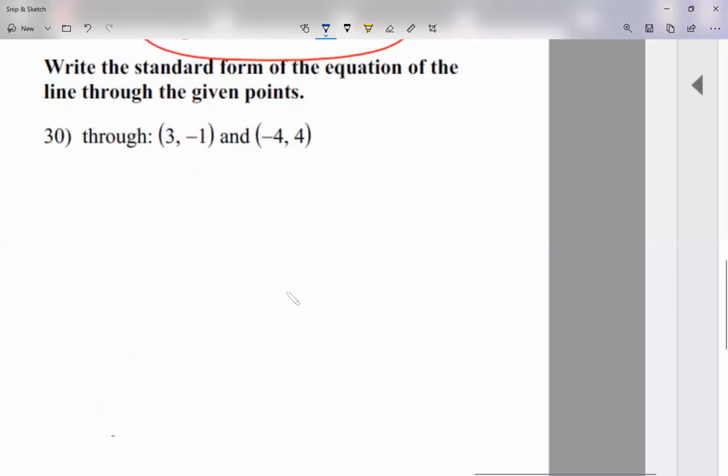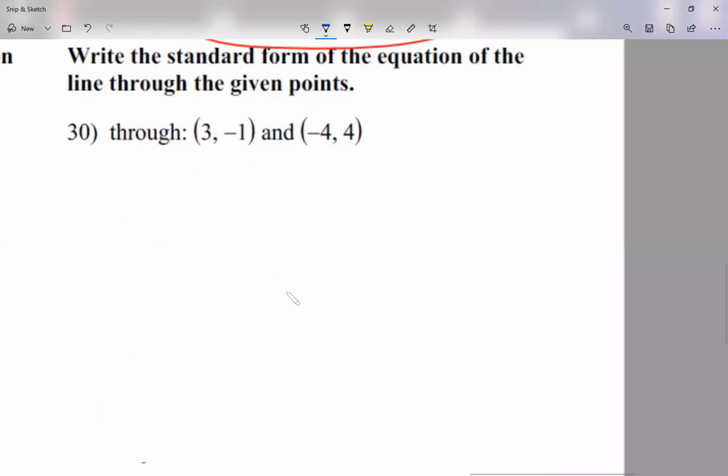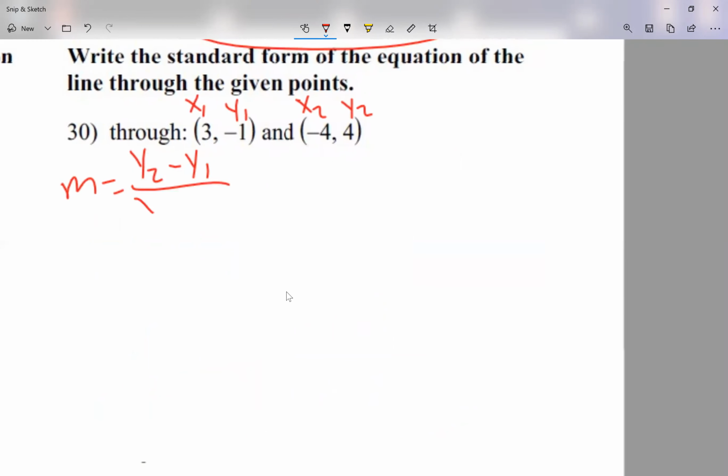Now, if I ask you for standard form, let me start by getting the slope. Let me label this as x1, y1, x2, y2. And I'm going to use m for slope. And I know that's the second y minus the first y over the second x minus the first x.